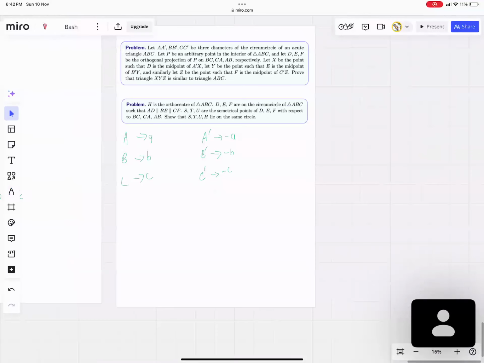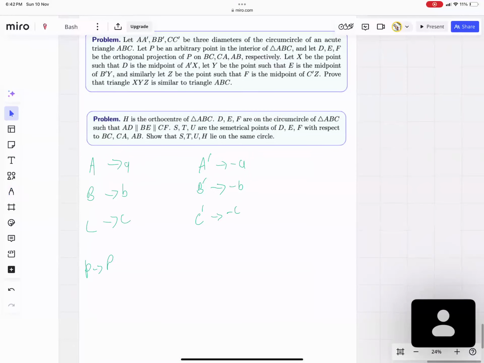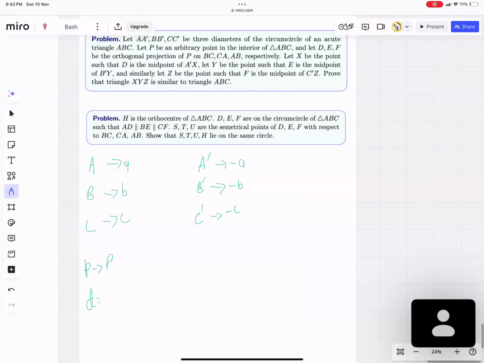Now, if P has coordinates p, we know by our formula for the foot of the perpendicular that D has coordinates (b plus c plus p minus bc p conjugate) by 2.